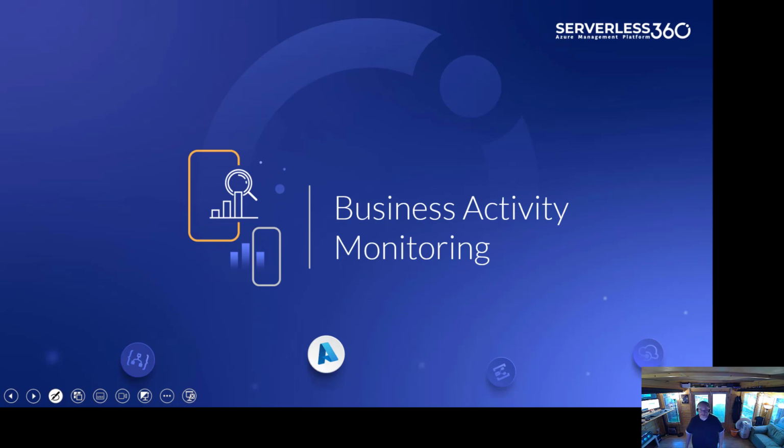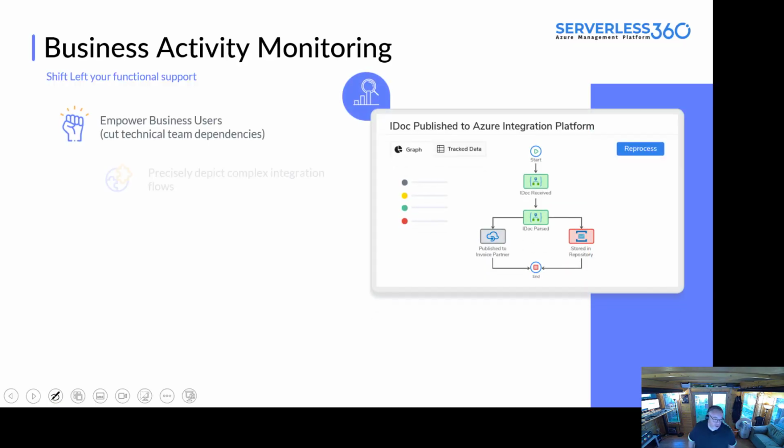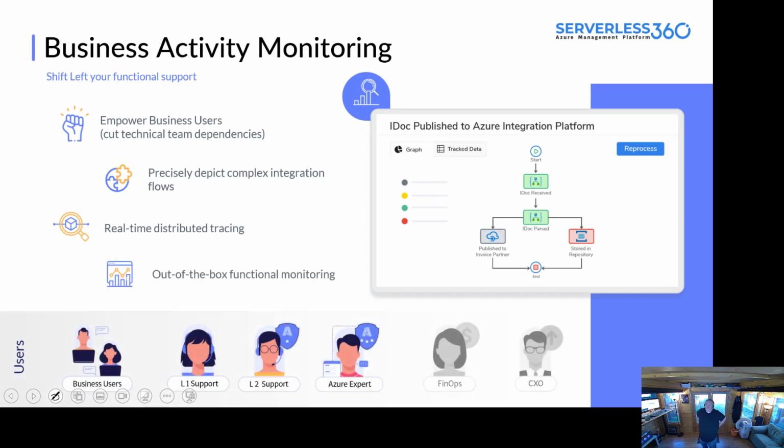Next up, let's look at business activity monitoring. So here we're looking at this higher abstraction. Instead of managing a web app, managing a function, or managing a logic app, we want to manage a business process. So the idea here is if we can send telemetry data from our solution to the business activity monitoring API, we can then light up a whole bunch of features such as being able to track and trace and manage transactions so that you can make it much easier to see that distributed tracing scenario.